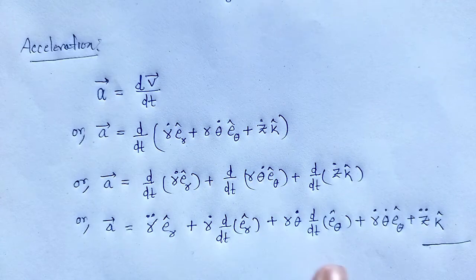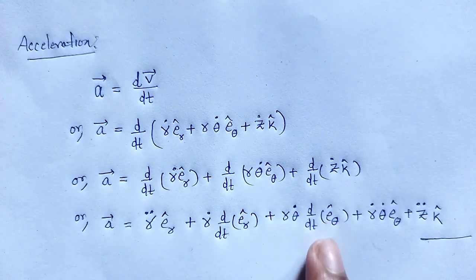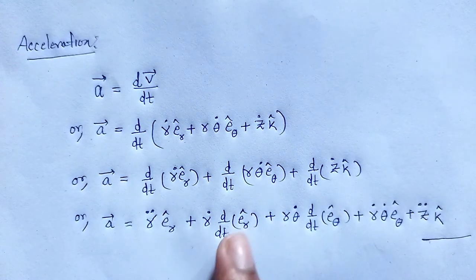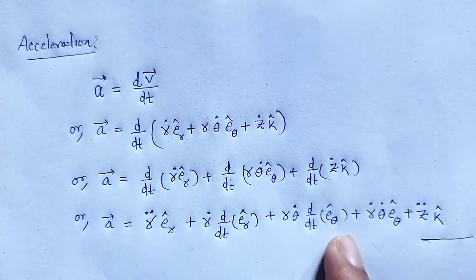From that equation, we have to derive d by dt of e theta cap. Previously we derived d by dt of e r cap. Now we derive d by dt of e theta cap.